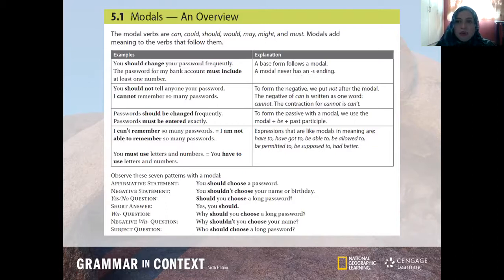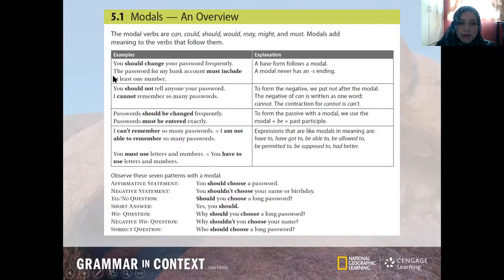For example, she sings a lot, okay, so the word sings usually is with an S at the end to indicate that it is singular. But if you are using modal verbs, the modal verb will not have this S to indicate that it is singular. Doesn't matter.